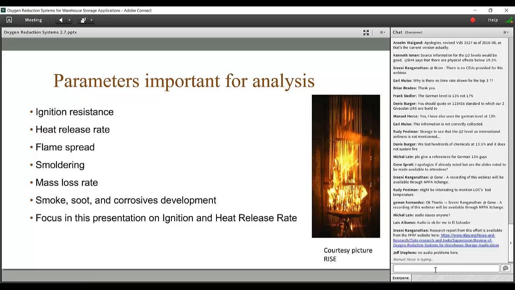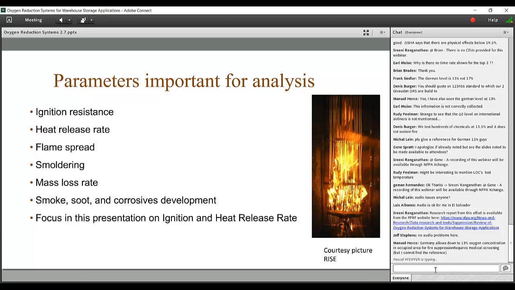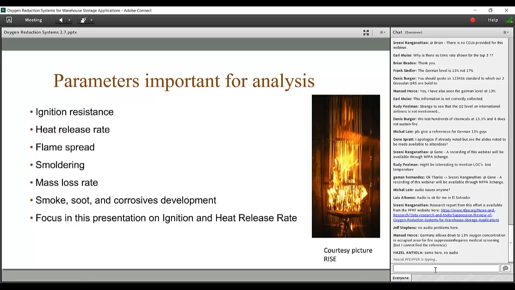The smoke is important, for instance, for the visibility. Soot and corrosive development is very important for the possible functional performance of components, where they maybe will not work any longer if the soot is attached to them, or when the corrosive gases are attacking, for instance, the electronics.